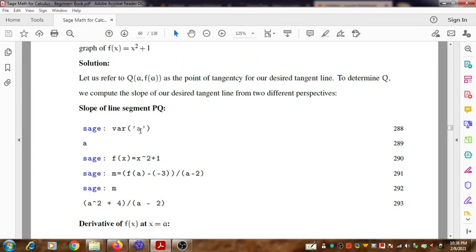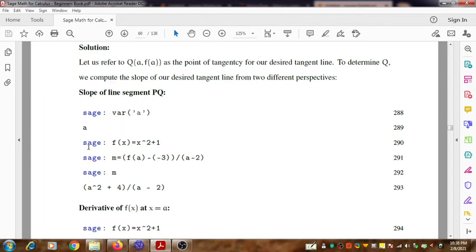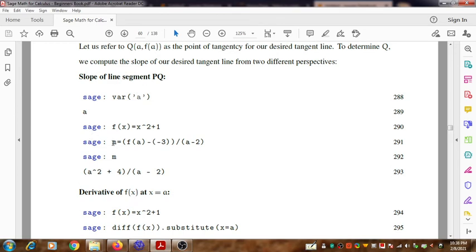The first statement is to define a new variable a. Then the third statement is m equal to (f(a) minus 3) divided by (a minus 2). Then m will be calculated, and m will be taken as output.